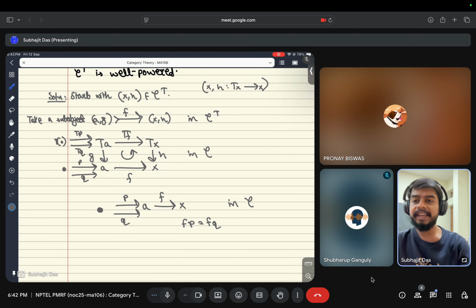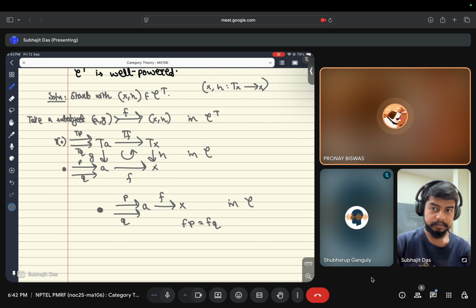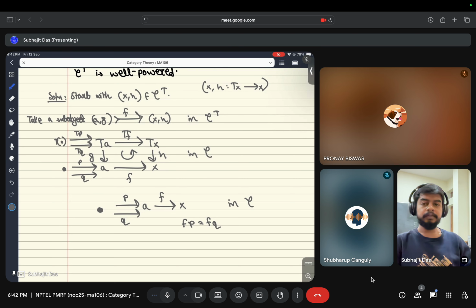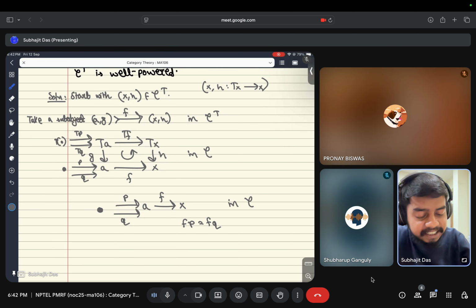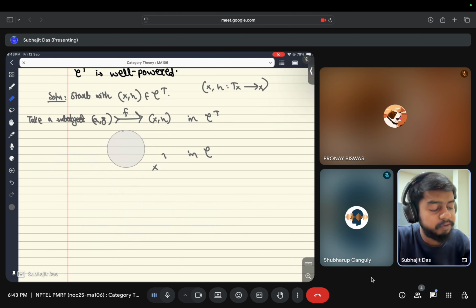That is, if (A, g) is a subobject of (X, h), then the underlying object of (A, g), which is A, will also be a subobject of X. I'll leave this as an exercise for everyone to figure out.